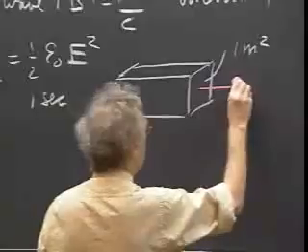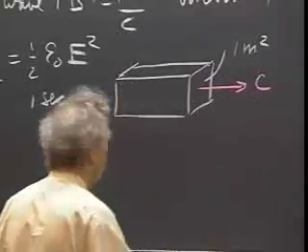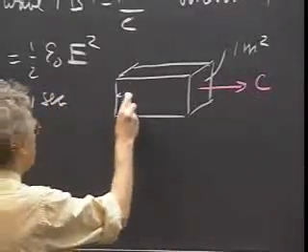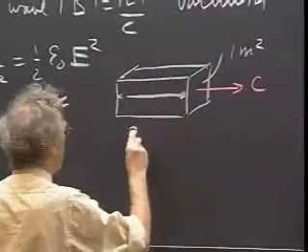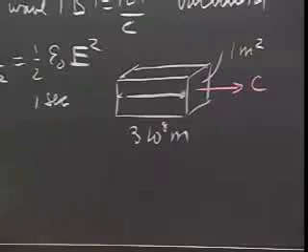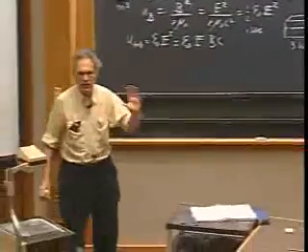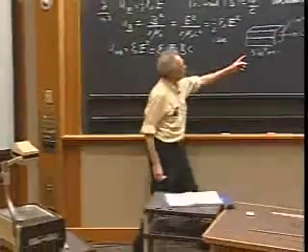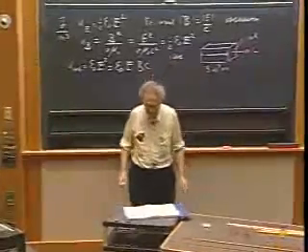The radiation is flowing in this direction with speed c. So in 1 second, this box is quite a large box, 3 times 10 to the 8 meters. And all that energy which is in there will flow through this 1 square meter in the time of 1 second.